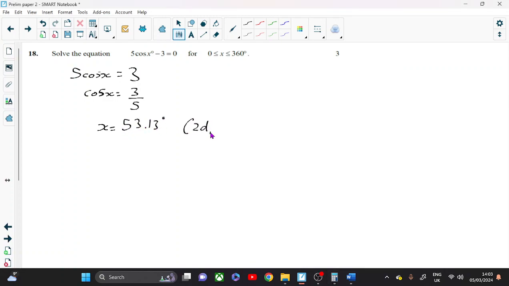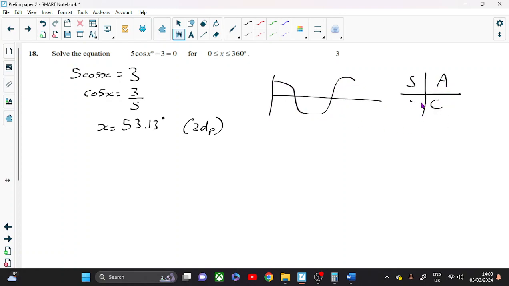to 2 decimal places. Remember, you can either do a cos graph or you can do CAST to remind you of where to look for your next answer. Because it's cos, it's in here, so it's in here. So this is my 360 takeaway.